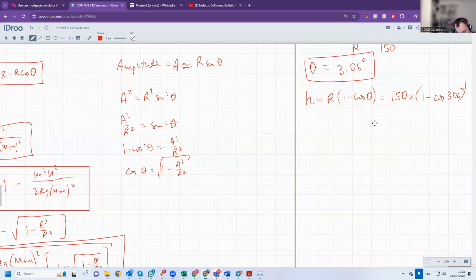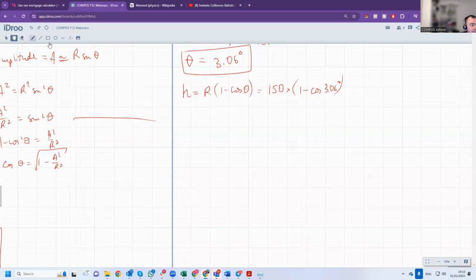So 150 multiplied by open bracket 1 minus cos of the answer, which gives 0.213 centimeters, which is of course 0.00213 meters.